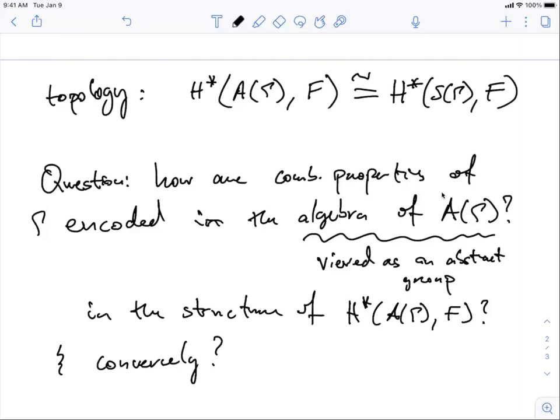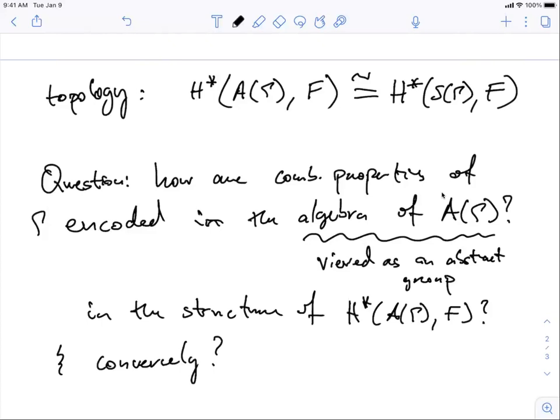I think that this question is vague and open-ended enough that there's probably no one completely satisfactory statement. There are some answers to this question which are almost too trivial.